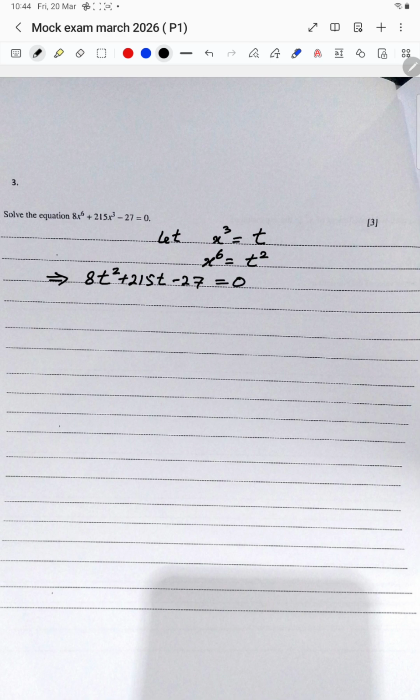So here you have a choice, either you can apply the quadratic formula or you can make the factors, whatever is easy for you, but do mention the method. Without mentioning the method, you will not be given the marks, your marks will be deducted. So here, I can make the factors, which seems easy for me: 8t square plus 216t minus 1t minus 27 equal to 0, because 8 times 27 is 216.